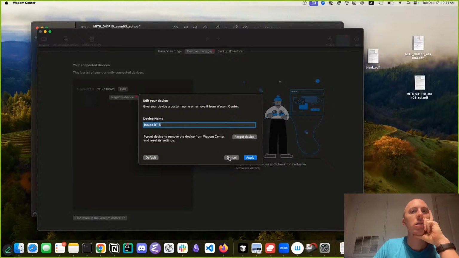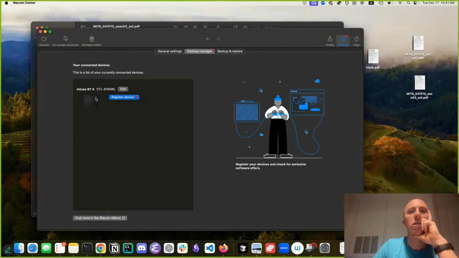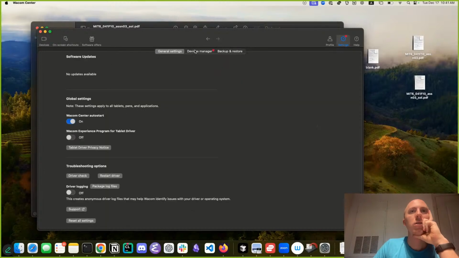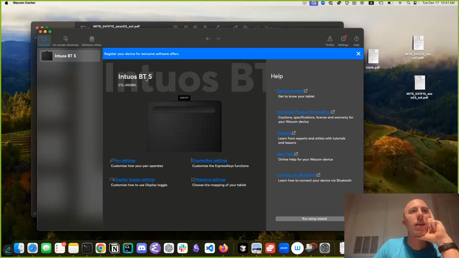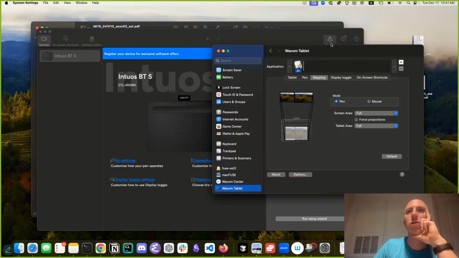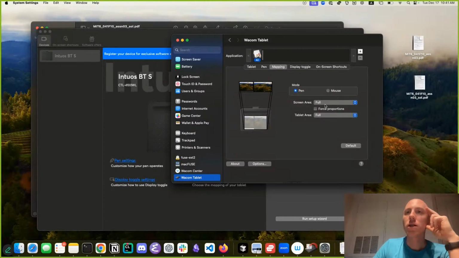Edit. I was able to do this before. Screen area, just monitor 1, I think.